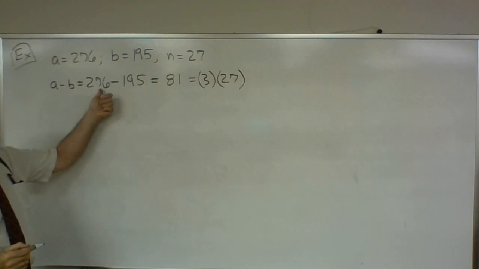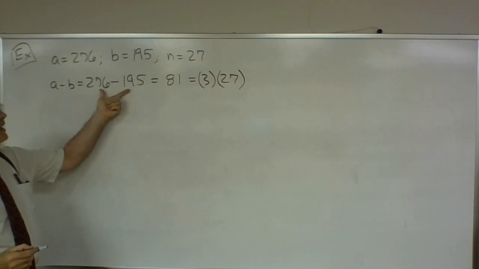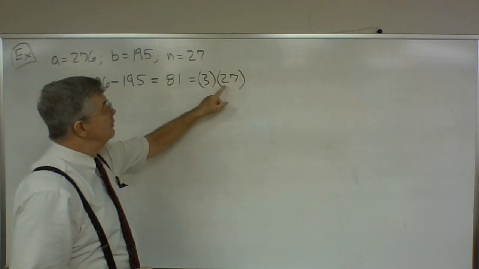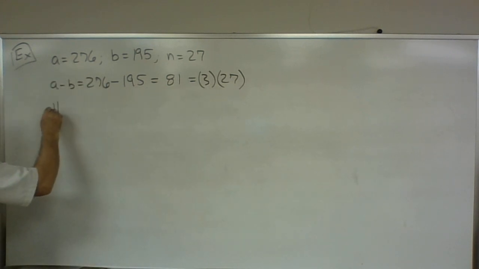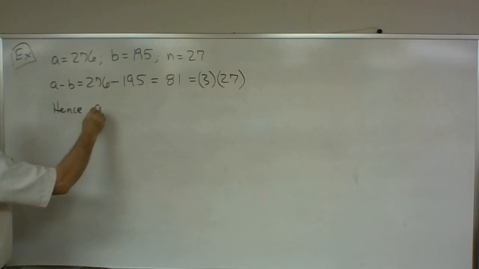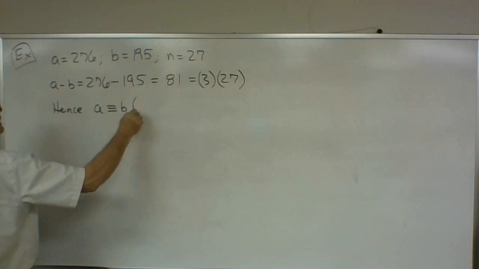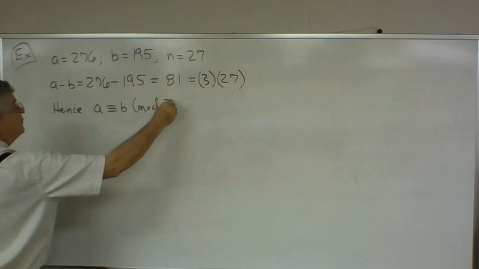The difference of A and B is a whole number multiple of 27. So A is congruent to B mod 27.